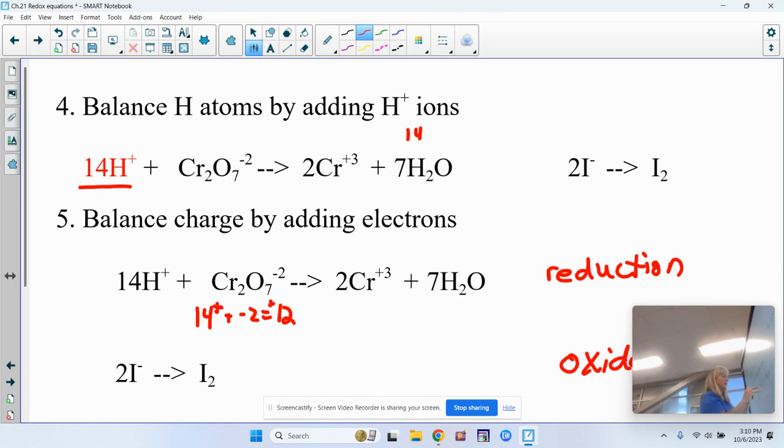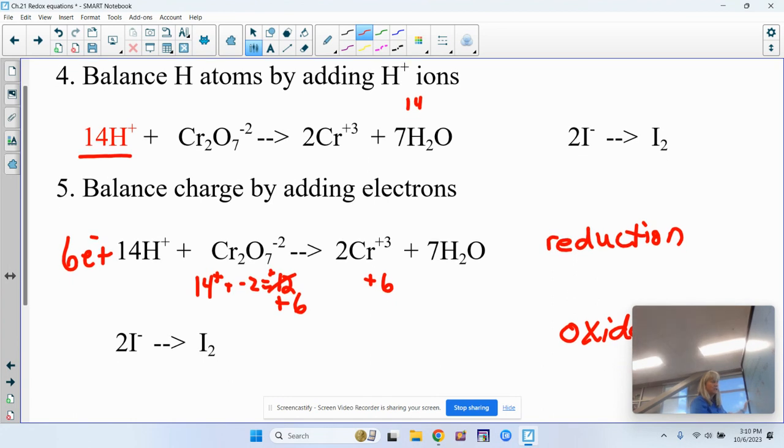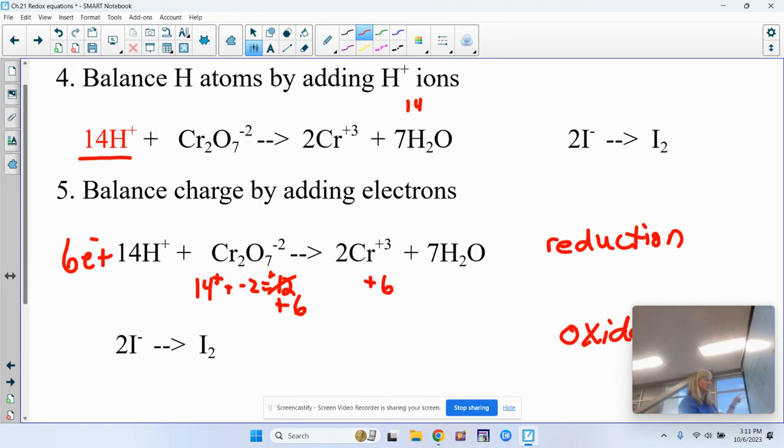On the product side, there's 2 times 3 plus 6 total. So I can only make it less positive by adding electrons. So if I add 6 electrons to this side, now that's going to make that plus 6 on that side as well. Okay, so adding electrons will balance my charge, and I'm adding 6 to this side.